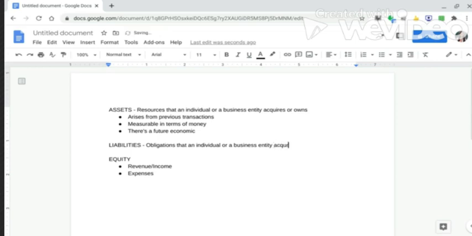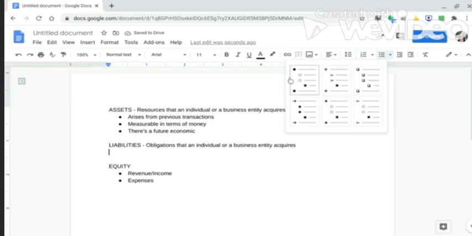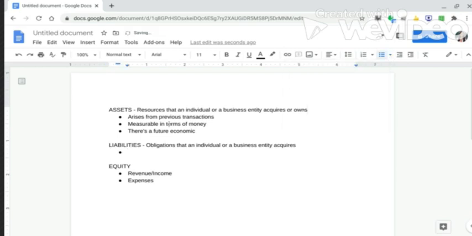Pwede rin acquire. We acquire obligations sometimes. Okay. There. So, same with our assets, there are factors that we need to consider. So, these obligations should arise from previous transactions.